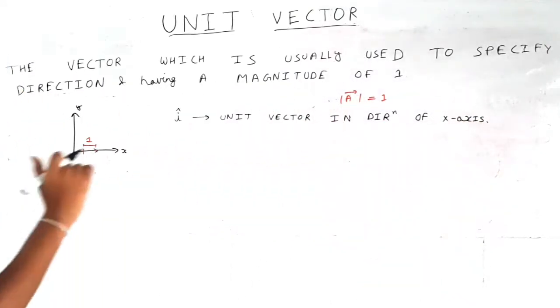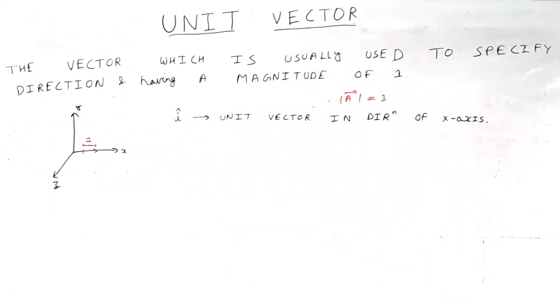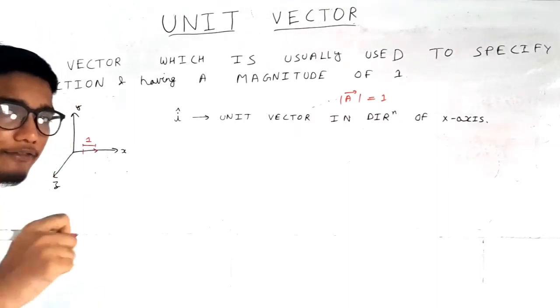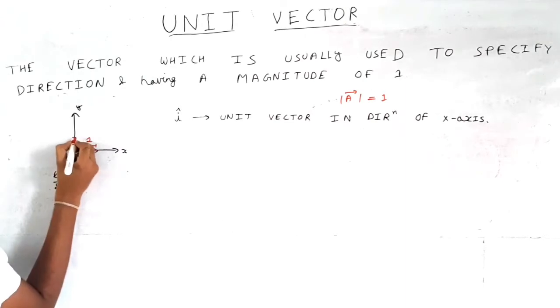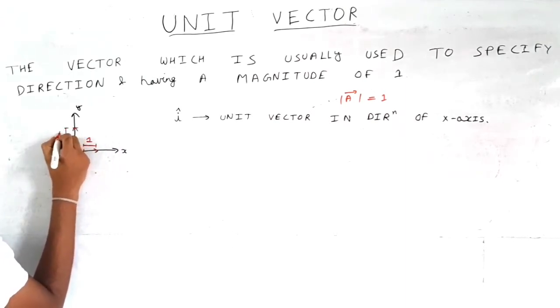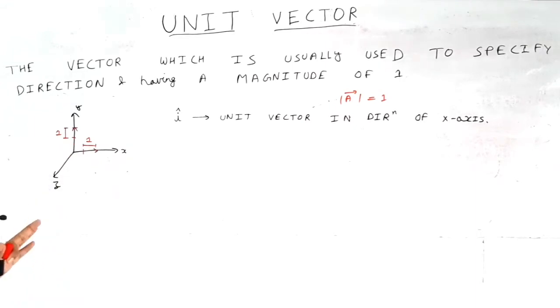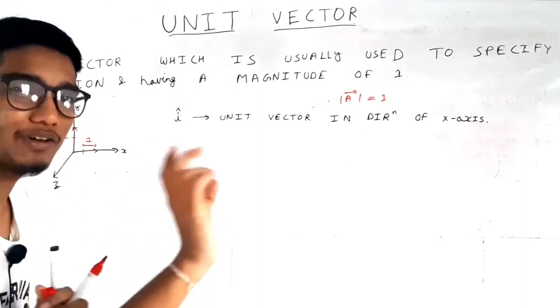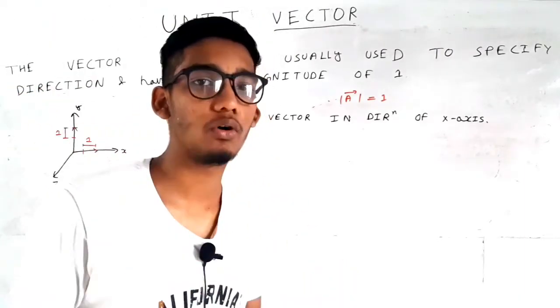Now let's suppose there is a vector which gives the direction of the y-axis, having a magnitude of 1. We take it from here to here. It has a magnitude of 1. Then in the y-axis, say a vector is going upwards. Its direction is given by a unit vector which is called j cap.